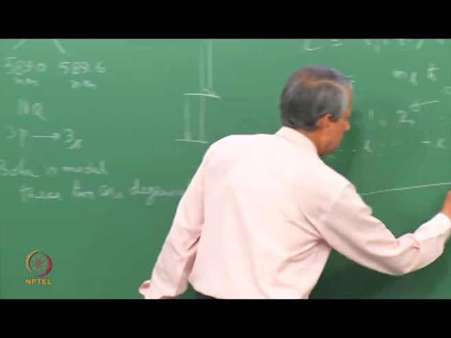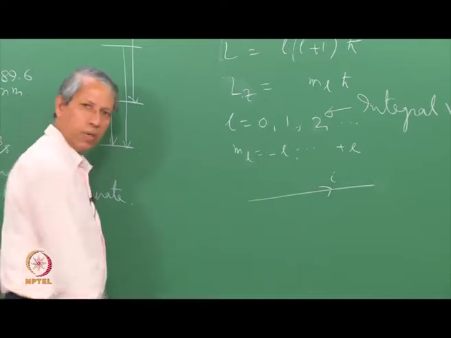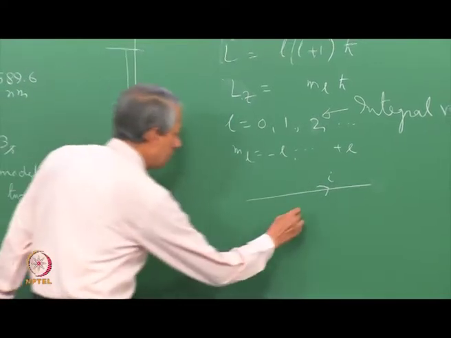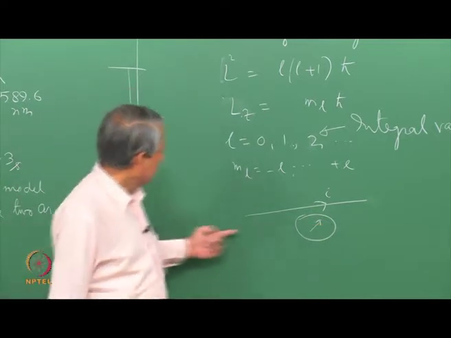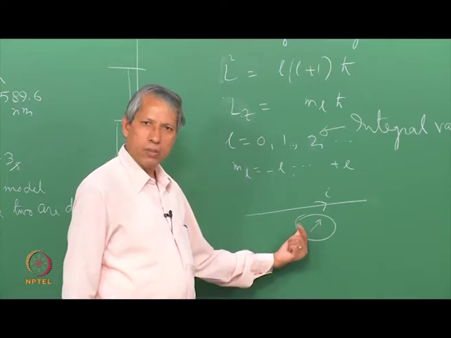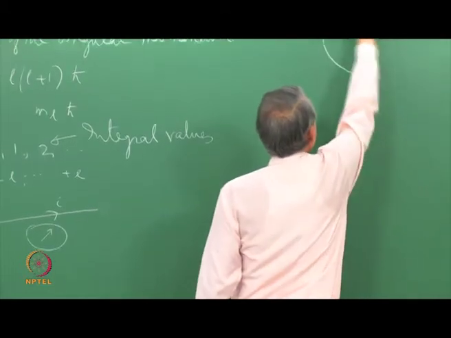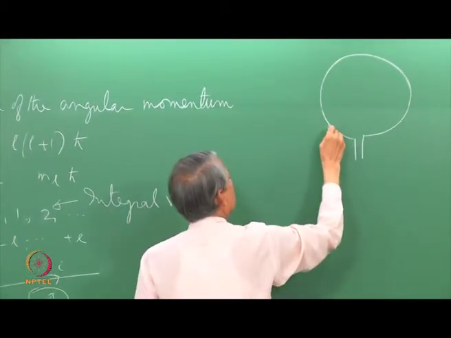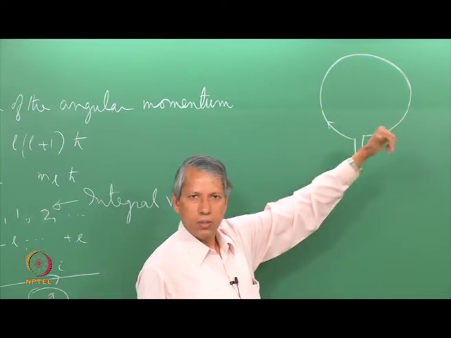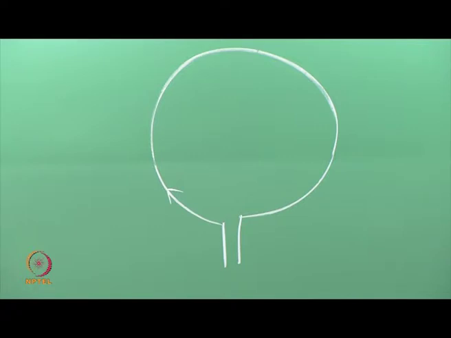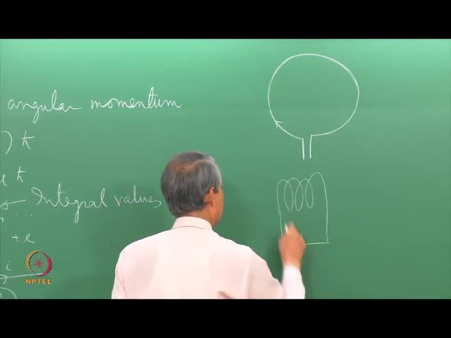So, for example, if there is a wire through which current is flowing, it will produce a magnetic field around it, and that can be easily seen by placing, let us say, a magnetic compass, and depending upon the direction of the current, the needle of the compass can either move this way or that way. Or for that matter, we have a loop of this kind where current is flowing, then it can produce a magnetic field which will have direction either this way or that way. In fact, the solenoid is the very common example of producing a magnetic field by passing current through a coil.